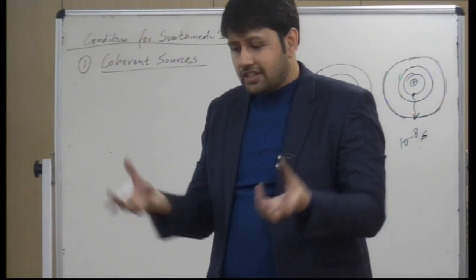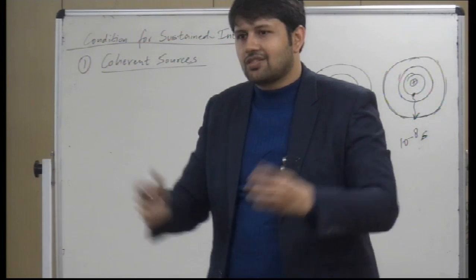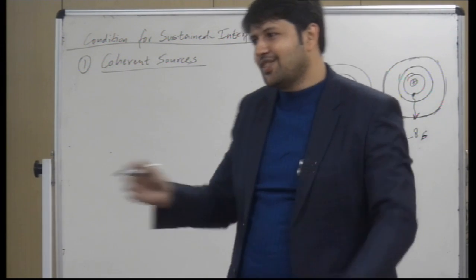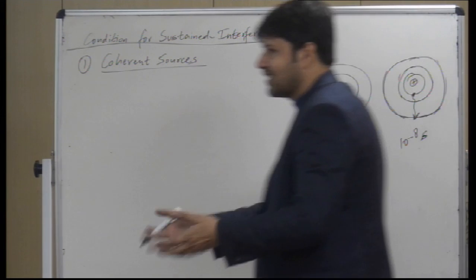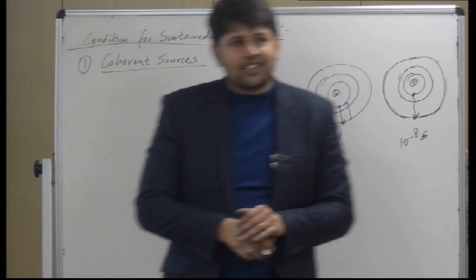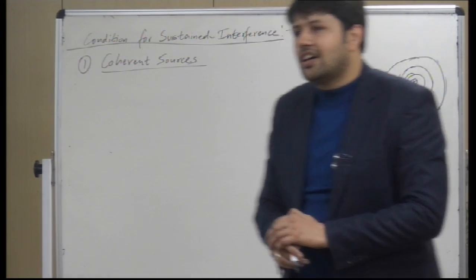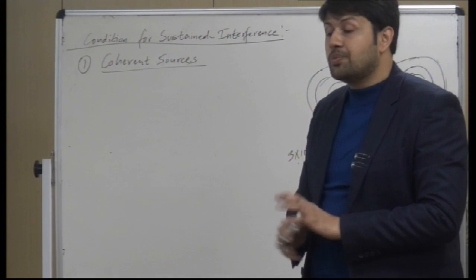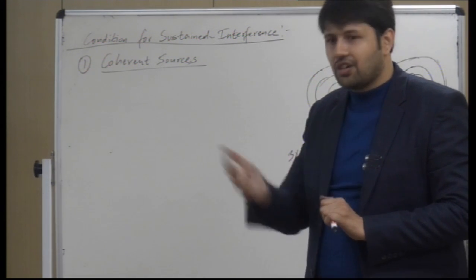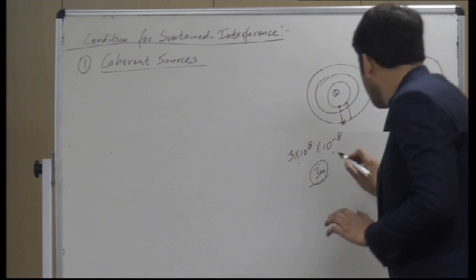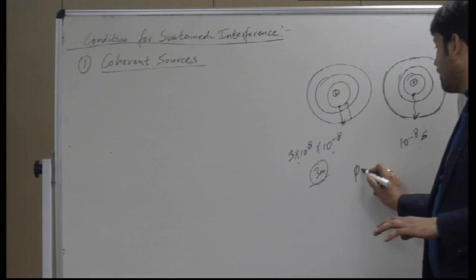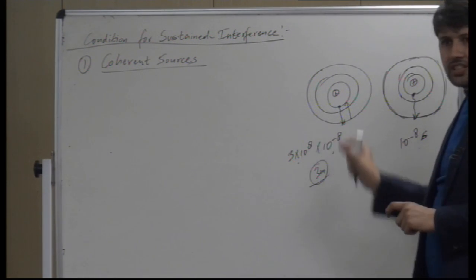For bigger, let's say you have 2 bulbs or 2 suns for that matter, one sun and you bring some another sun, and you try to interfere the light from them, you will have interference pattern obviously, but it would be changing very rapidly. Our eye cannot catch it. Why? Because of this timing issue, phi would keep changing. Do you remember phi depends on the distance, path difference?